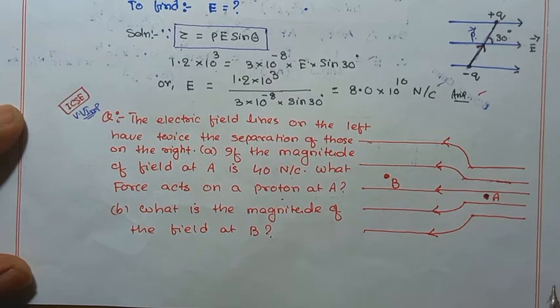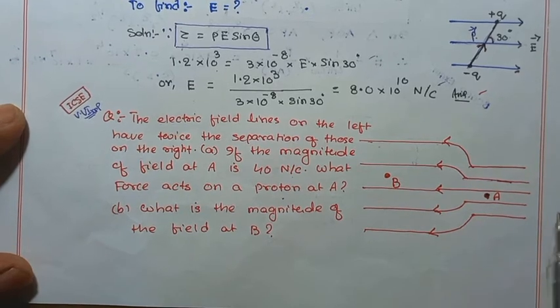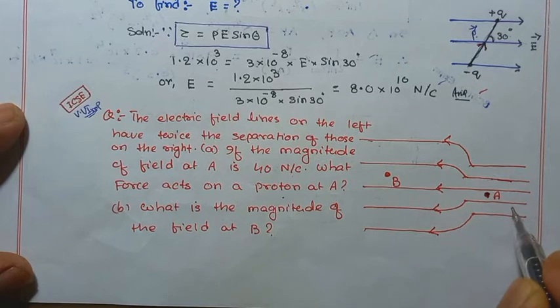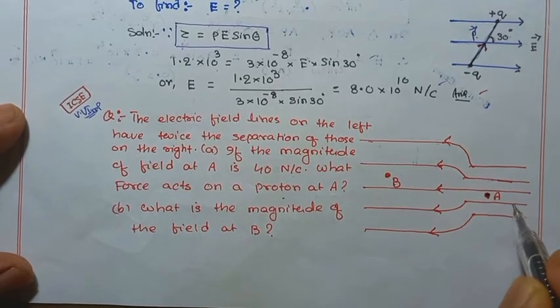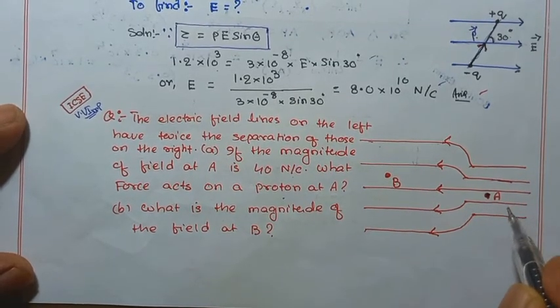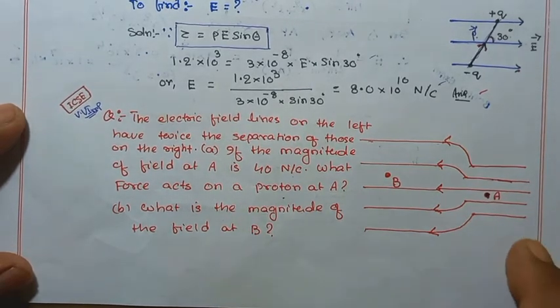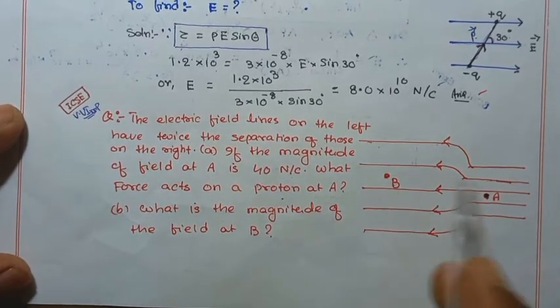It is also given that the electric field at A is 40 Newton per Coulomb. We are interested in finding the force on a proton at A and the magnitude of the field at B.